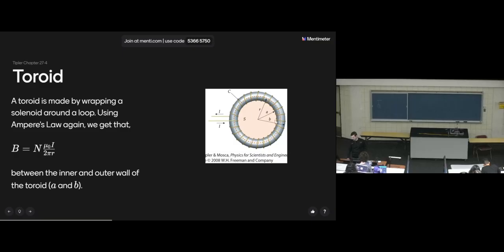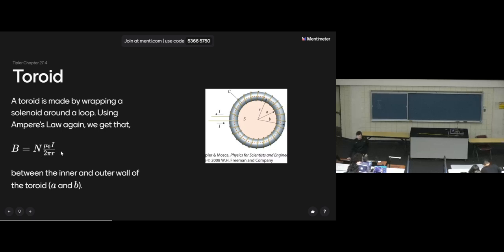And by enclosing 0 current, I expect there to be no magnetic field within both walls of the toroid. But then as I cross through one of the walls, the current is going to pass through the contour, loop underneath and come back over the top, and pass through again and again and again.